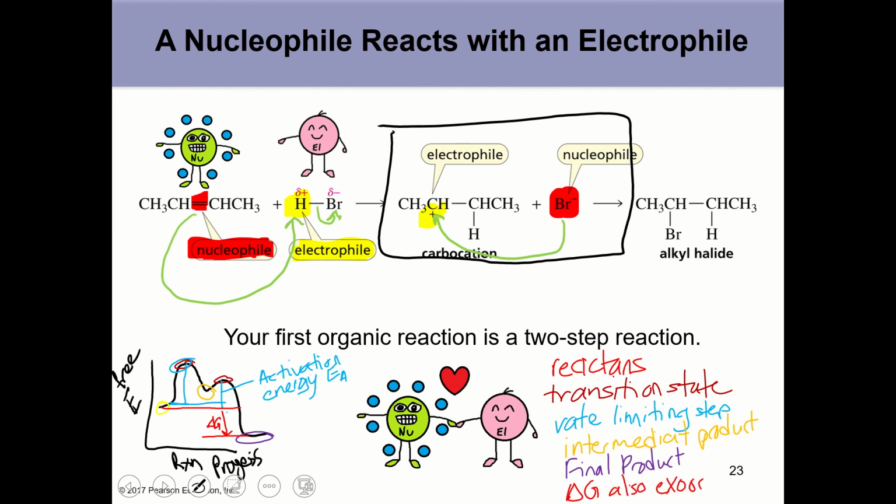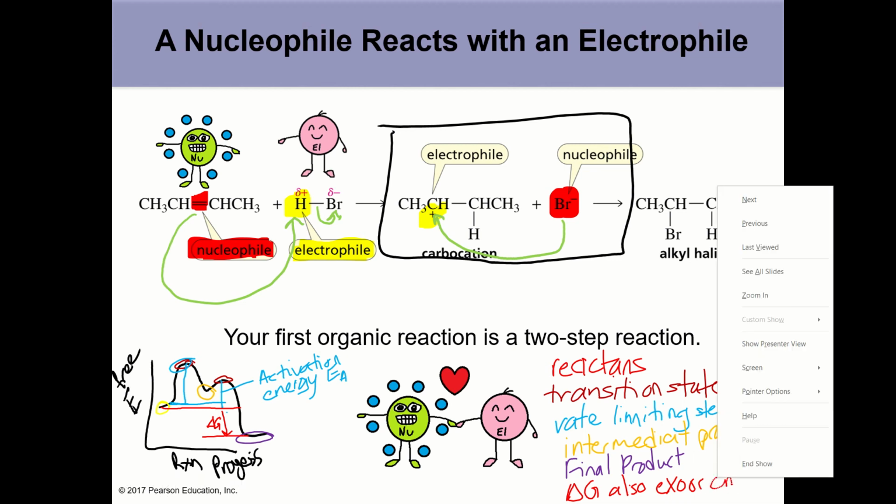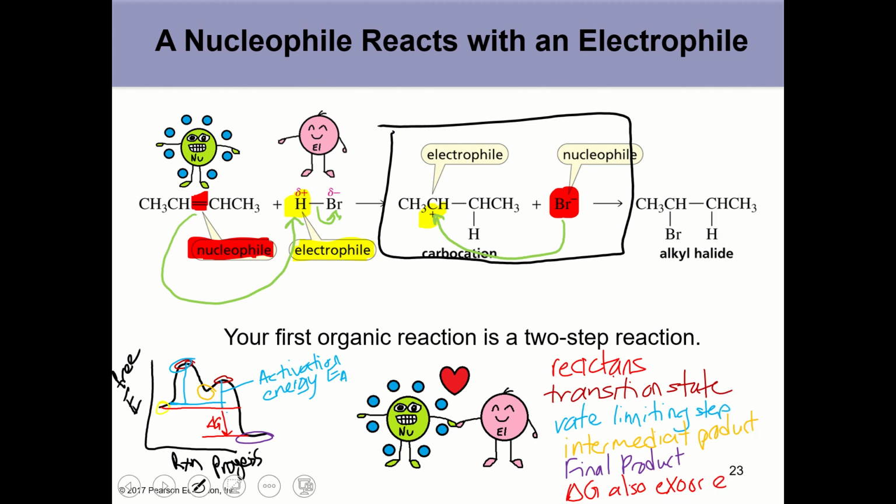Is it exergonic or endergonic? If delta G is negative, it is exergonic, exiting energy, giving off energy. If delta G is positive, it is endergonic, taking in energy, requiring energy.